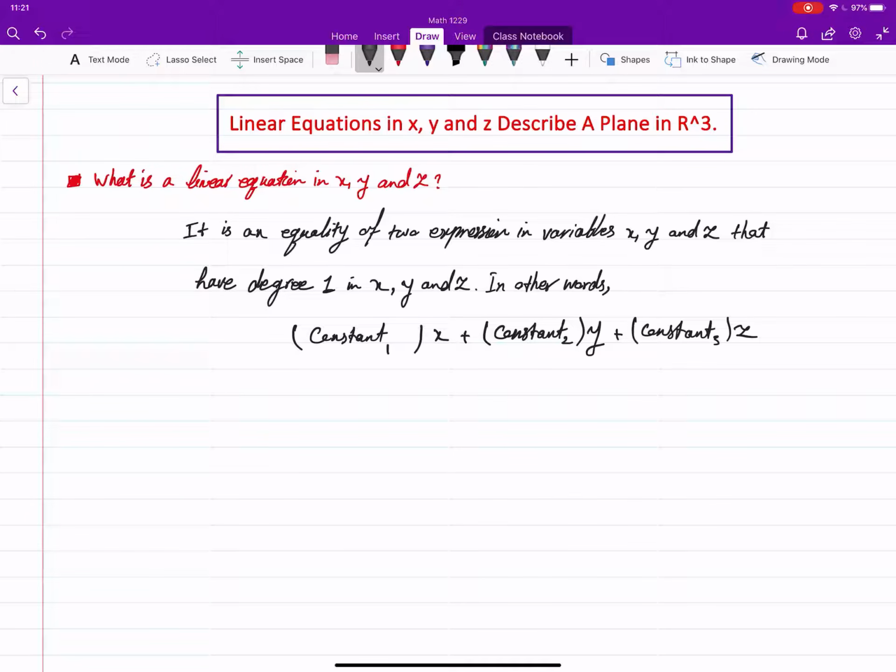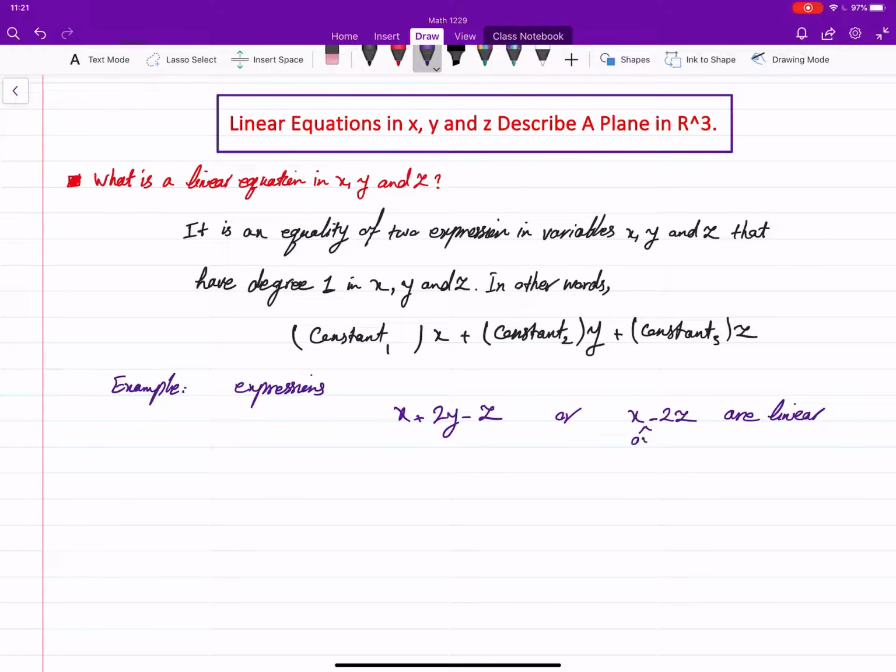For example, the expressions x plus 2y minus z, or x minus 2z are linear. Well, you may ask, what happened to the y in the second one?